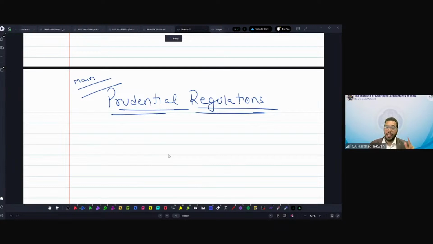Now, from here, these are the requirements. And why we also need to understand is because somewhere down the line, when it comes to reporting, we have to report on the prudential regulations as an auditor. As an auditor, it becomes our requirement to report on the prudential regulations. So till the time you are not aware of what the prudential regulations, the prudential norms for NBFC are, how can you report?